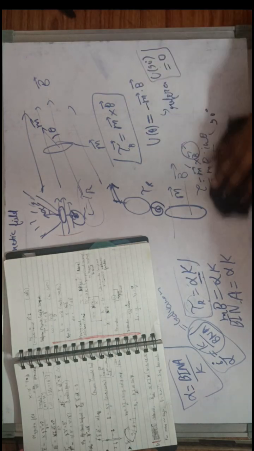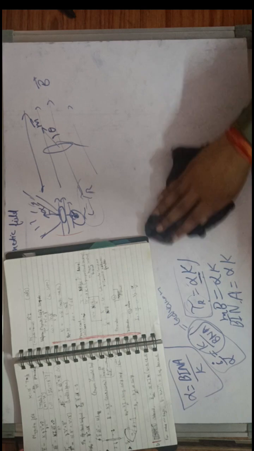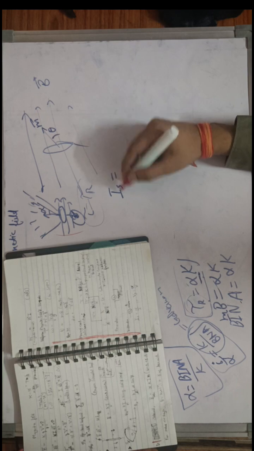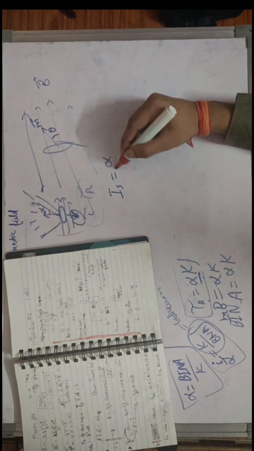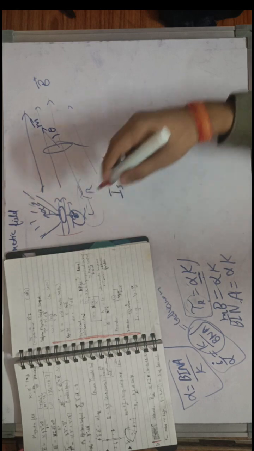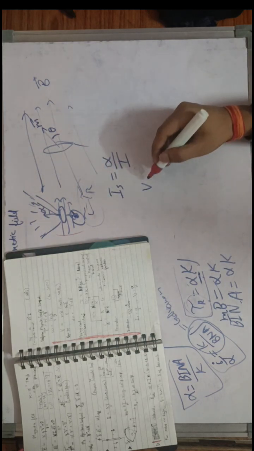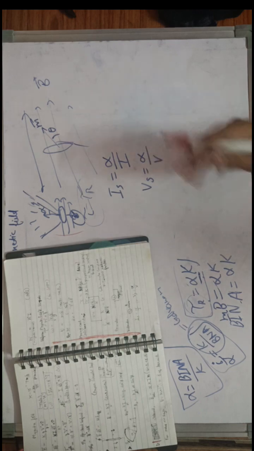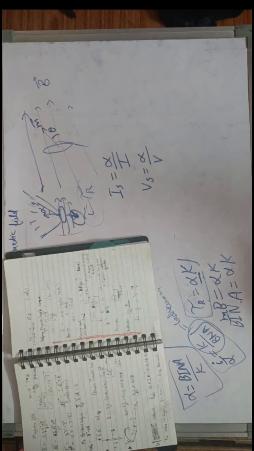Now the next thing is current sensitivity and voltage sensitivity. The current sensitivity, denoted by Is, is the deflection produced per unit current flowing in the coil, and the voltage sensitivity is the deflection produced per unit voltage across the coil.